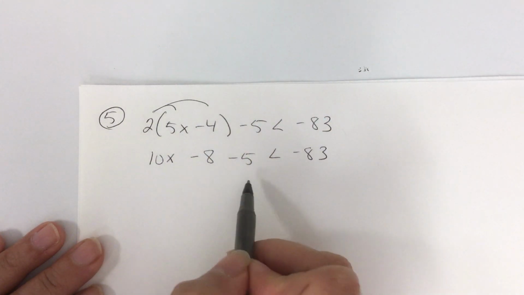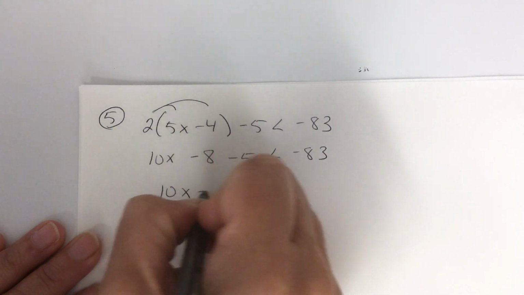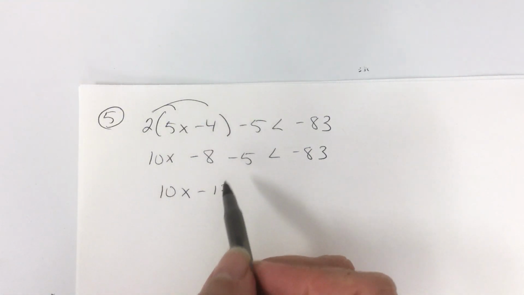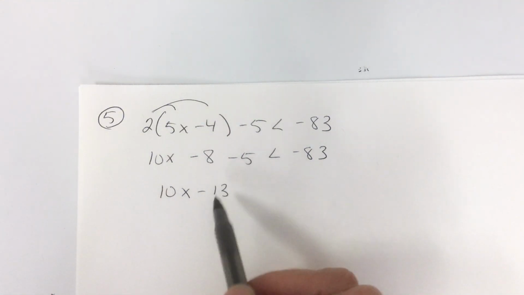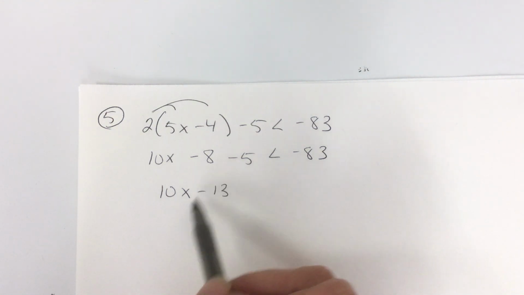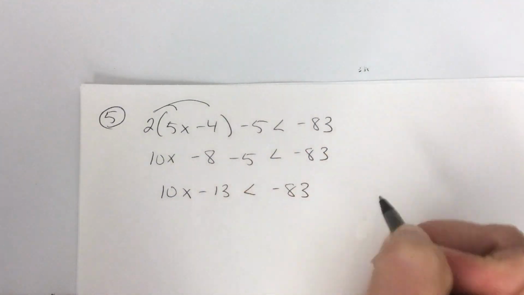Now I have a minus 8 and a minus 5 I can combine. So that's minus 13. So you could think of it as a negative or a minus, it doesn't matter. Negative 8 plus a negative 5 is negative 13. Or subtracting 8 and subtracting 5 is the same as subtracting 13. Then is less than negative 83.